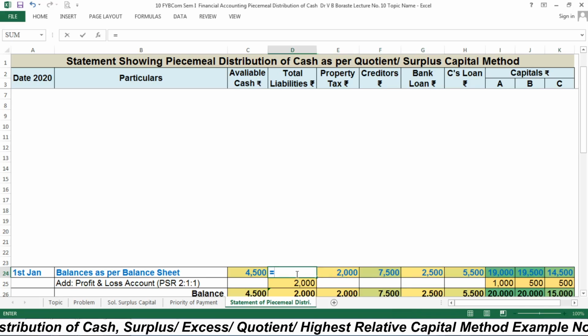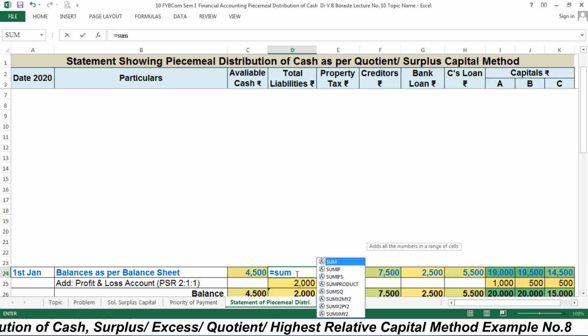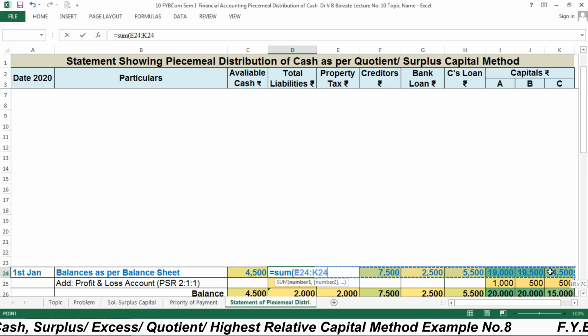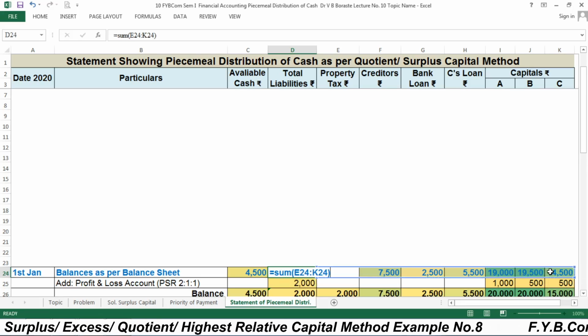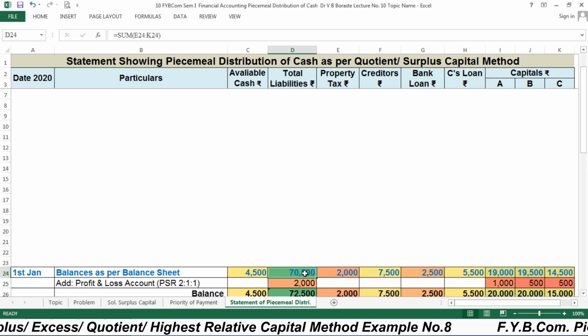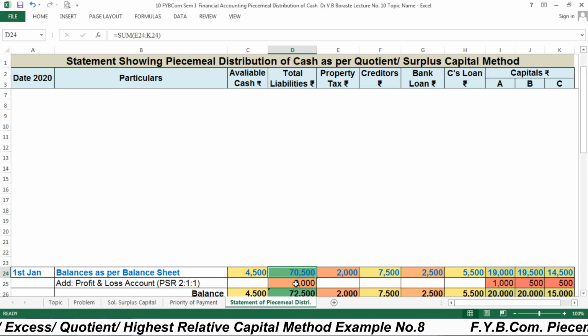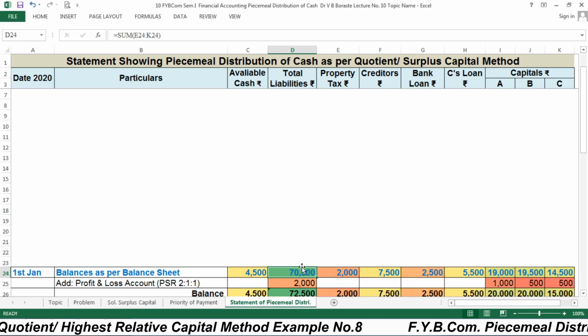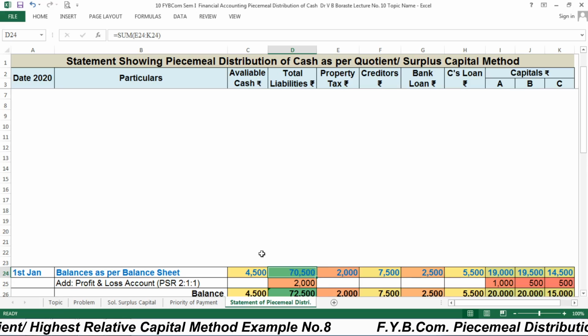So the sum of all liabilities equals 70,500. When you solve this example, you have to cross check with your liability and total unpaid liability.